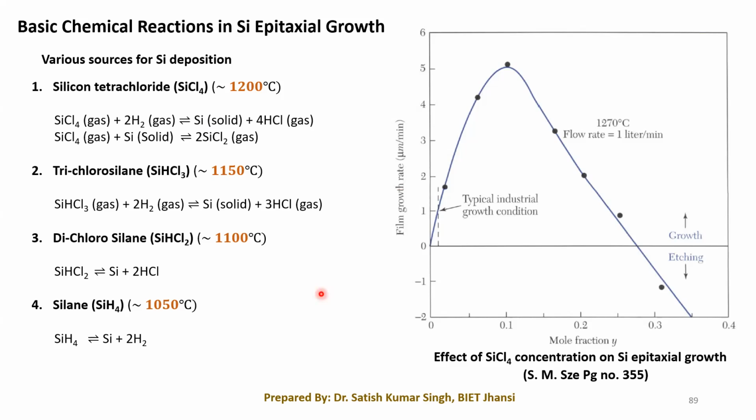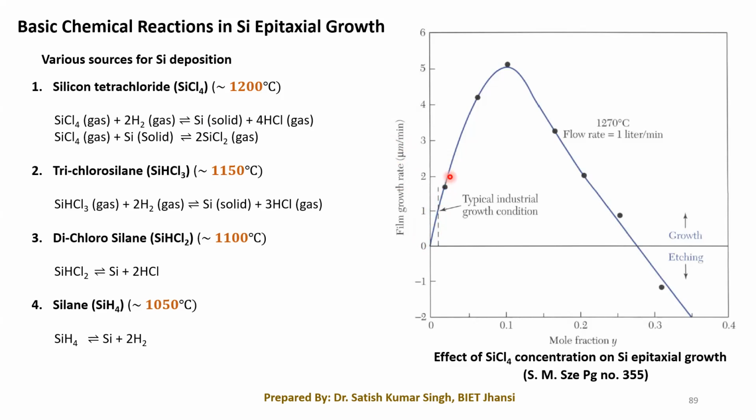Now you can see the effect of the silicon tetrachloride concentration on silicon epitaxial growth. If we are able to control the mole fraction of SiCl4 within the chamber, when this value is very small, like 0.05, 0.1, then the film growth rate, in micrometers per minute, will initially increase.